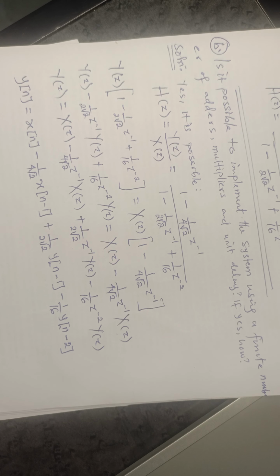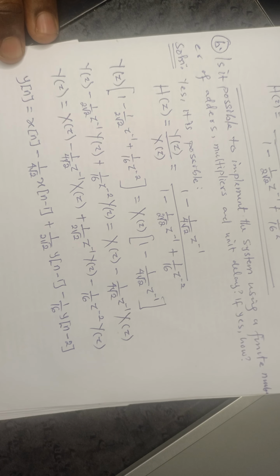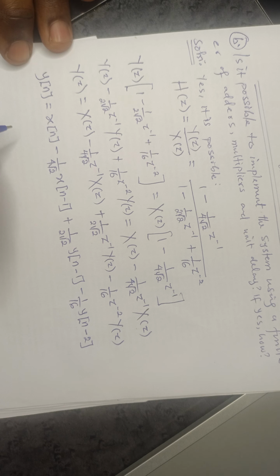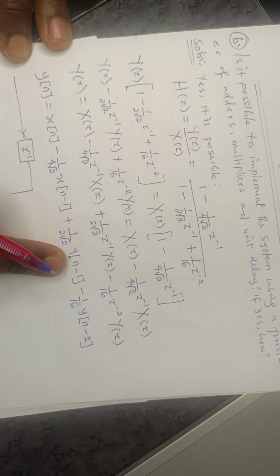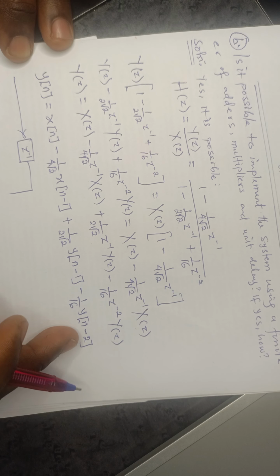So at this point we can now draw the filter. So the filter has one delay, which is this one. After that delay, the y has two delays.